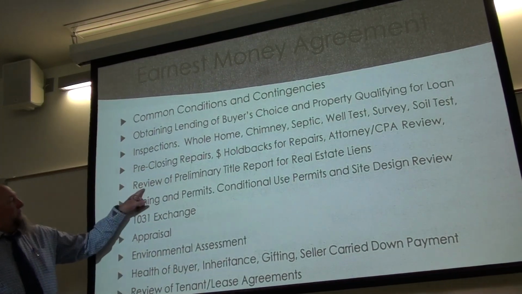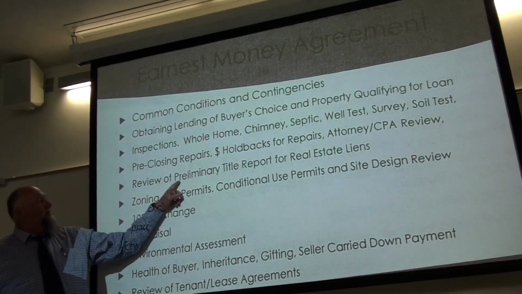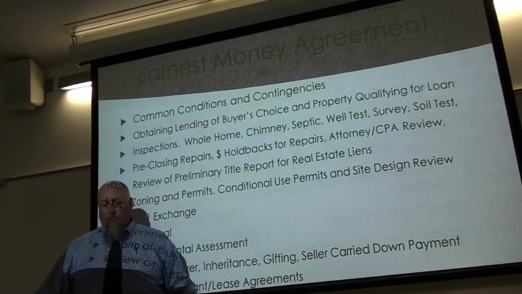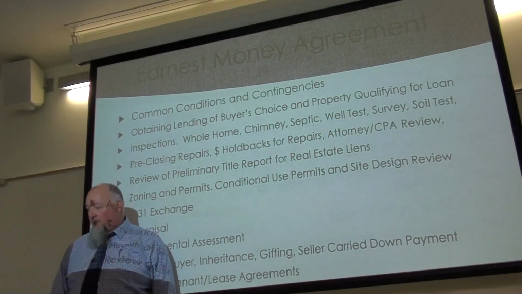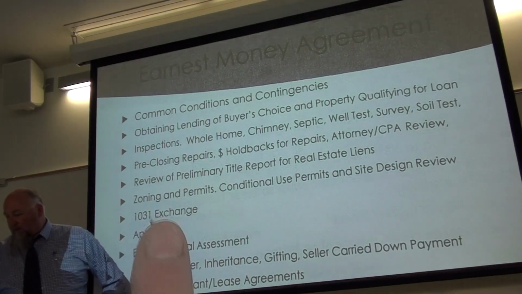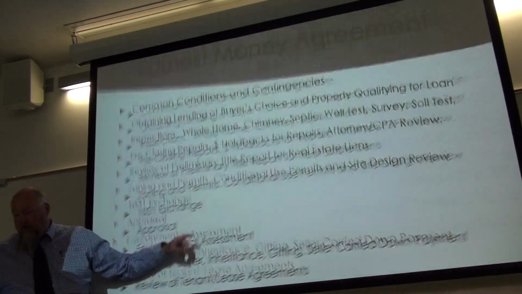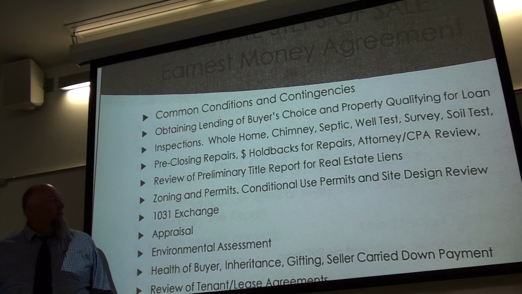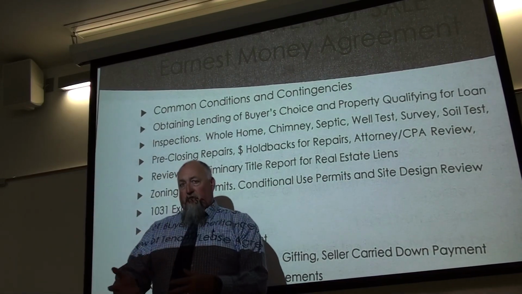All right, the next condition is a review of a preliminary title report for real estate liens and other problems with the title. So a preliminary title report, this is issued by the title company after you've signed the earnest money purchase and sale agreement.